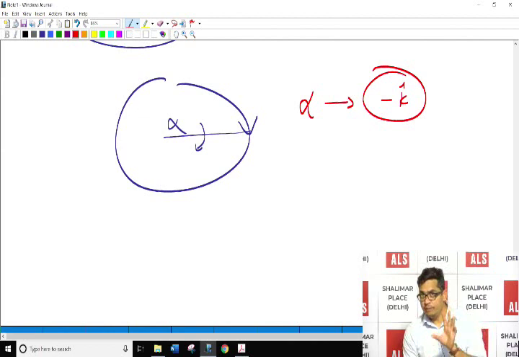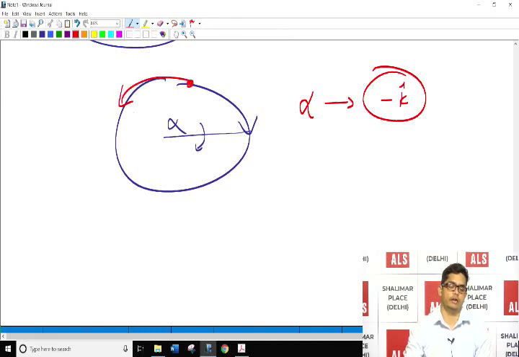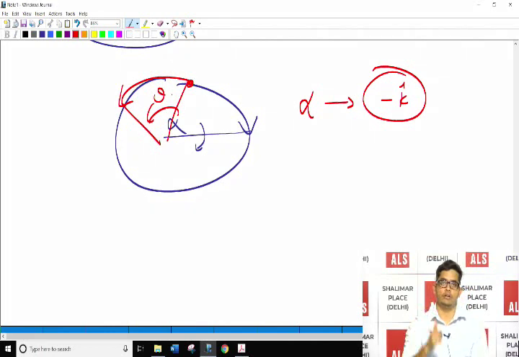So guys, remember, angular velocity, angular acceleration, in fact the displacement itself, they all are vector quantities. Theta is also a vector quantity. Suppose the object starts from here and goes here. So this theta, as you can see, is outside.